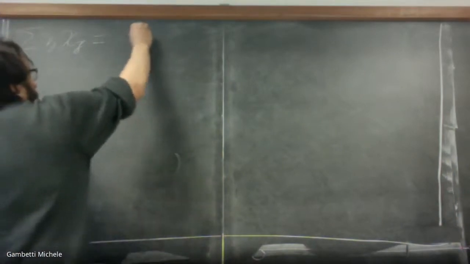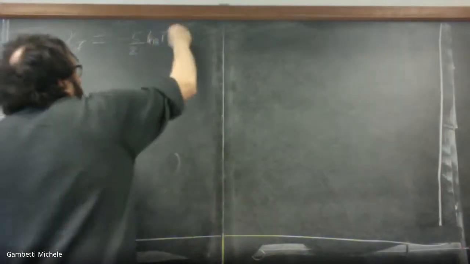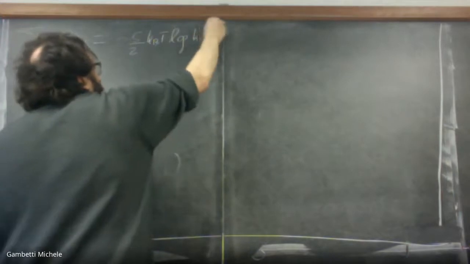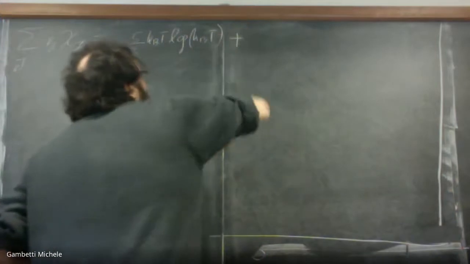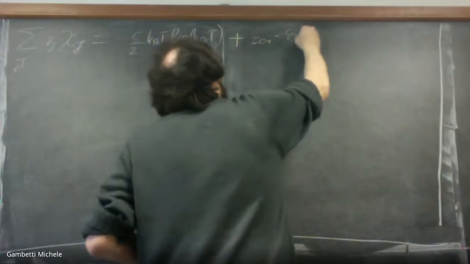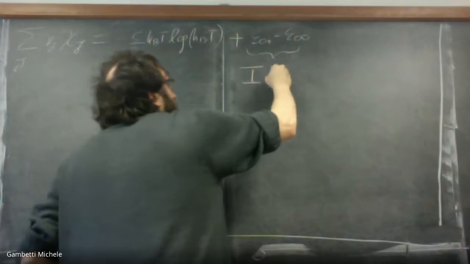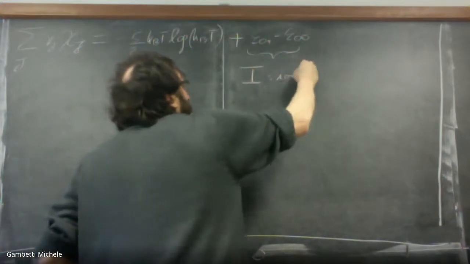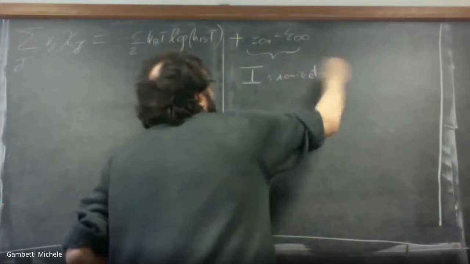Therefore, of the terms that contain just the temperature, two of them cancel, whereas the other one provides a contribution which is 5 divided by 2 kBT log of kBT. Then I have plus epsilon 0 plus minus epsilon 0, 0, which I will call I, and this is indeed the ionization energy.